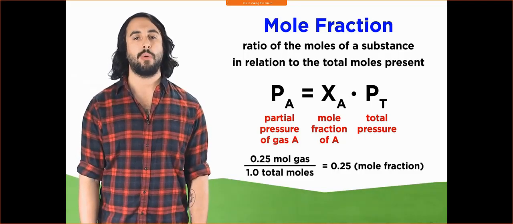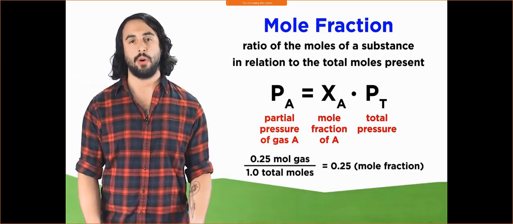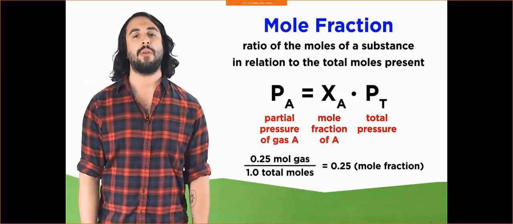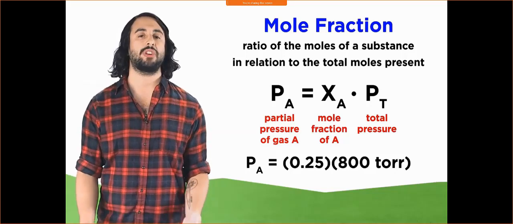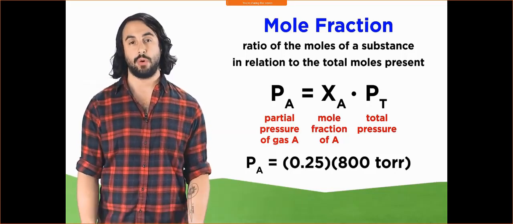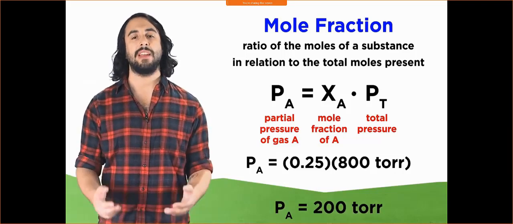So if there were 0.25 moles of a particular gas out of 1 mole of total gas particles, that would mean a mole fraction of 0.25. And if the total pressure of the sample was 800 torr, the partial pressure of the gas in question would be 200 torr.